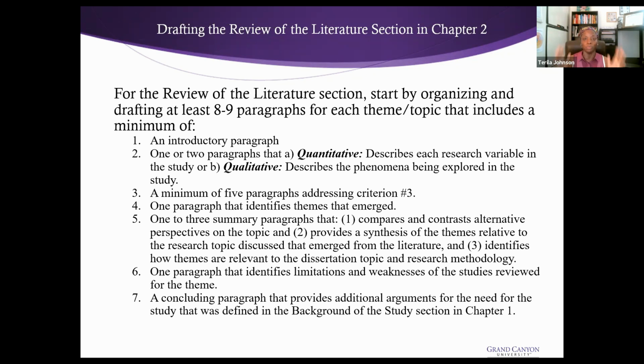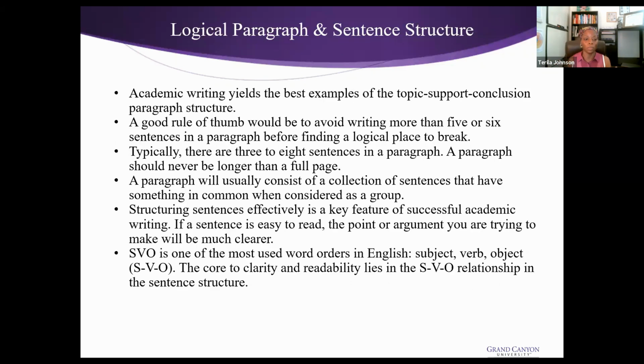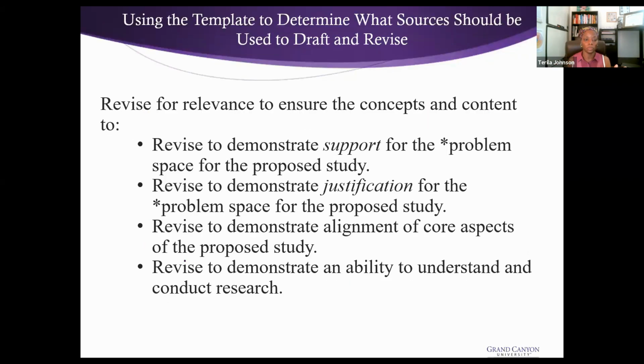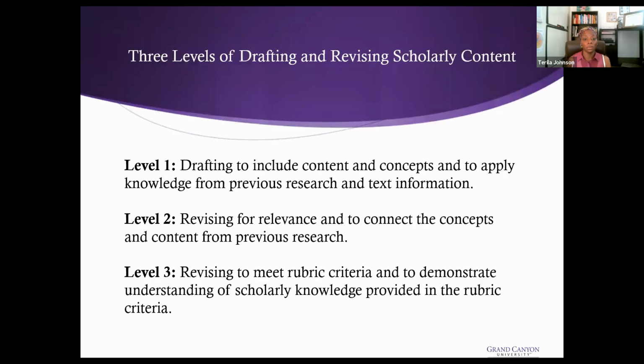Now you got this draft, this rough draft coming back up. You go backwards. You're coming back in, you're revising. One, to make sure the content and the concepts are there. You're making sure what you got there is actually relevant and connects to your study. And you're revising to make sure that those rubric criteria are actually met.